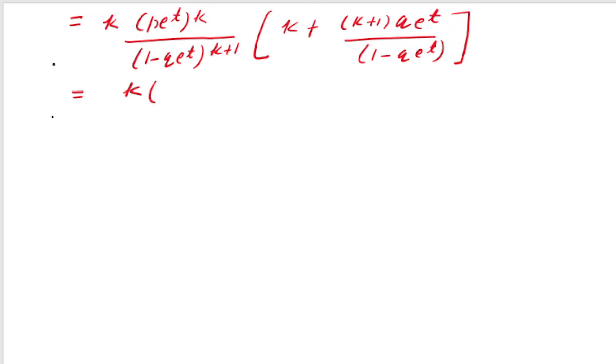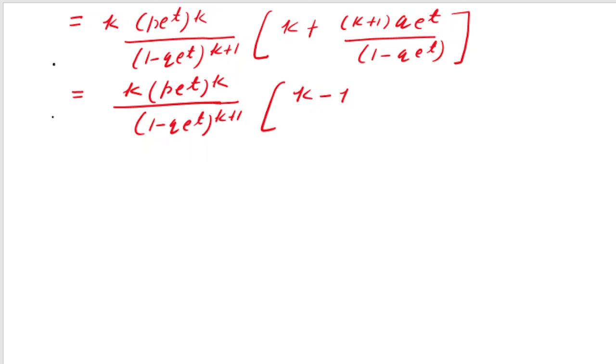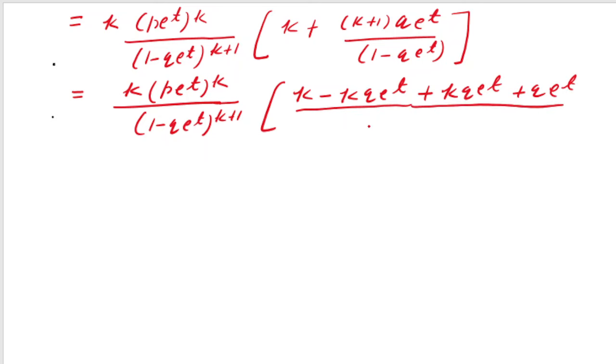So k into p e to the power t whole to the power k divided by 1 minus q e to the power t to the power k plus 1, and if you simplify this, you will get k minus kq e to the power t, and in the numerator kq e to the power t plus q e to the power t, and the whole thing can be divided by 1 minus q e to the power t.